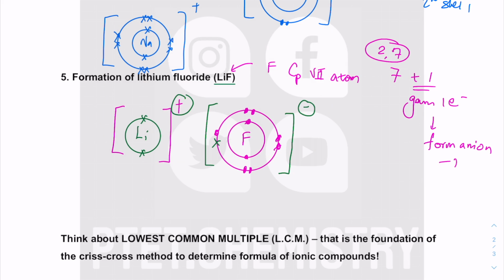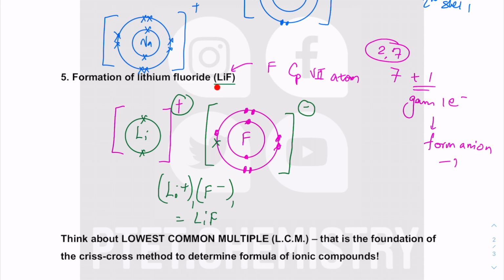Now you have Li plus. You gain the 1 electron from the lithium. Now you count minus 1 charge. Li plus, the charge is plus 1. F minus, the charge is minus 1. So overall, I hope you can see when you have 1 and 1 of them, you just condense down the formula to lithium fluoride, which is LiF.